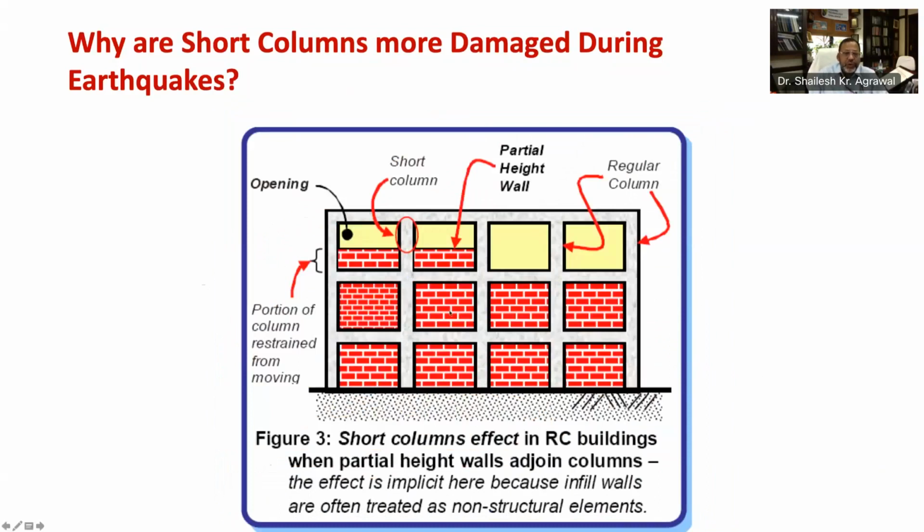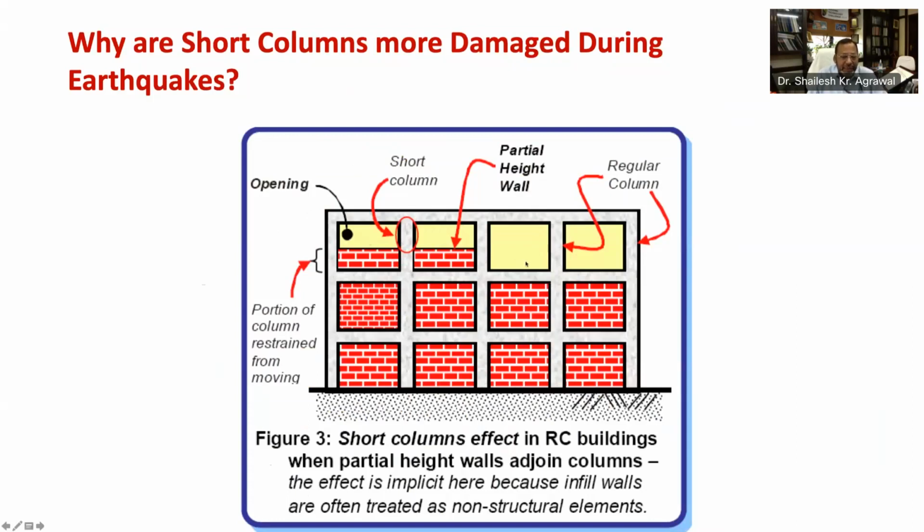Let me explain through figure 3. Consider a wall of partial height built to fit a window over the remaining height. The adjacent columns behave as short columns due to presence of these half walls. In many cases, other columns in the same story are of regular height as there are no walls adjoining them.